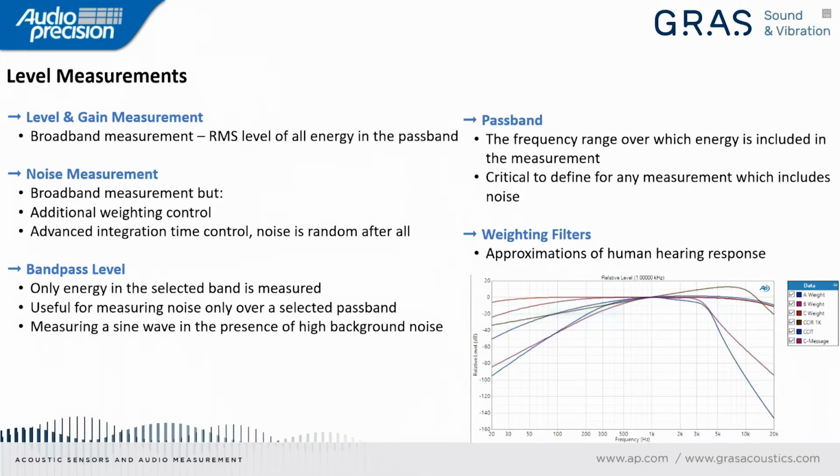But over history, we've developed various approximations of that hearing response, and that results in weighting filters that attempt to weight a signal according to human perception of that signal. A weighting is probably by far the most common, but there are a lot of these filters. Even in this graph on the screen, I'm only showing you a selection of the available filters. And this is something that's going to come out of any test specification you might be looking at.